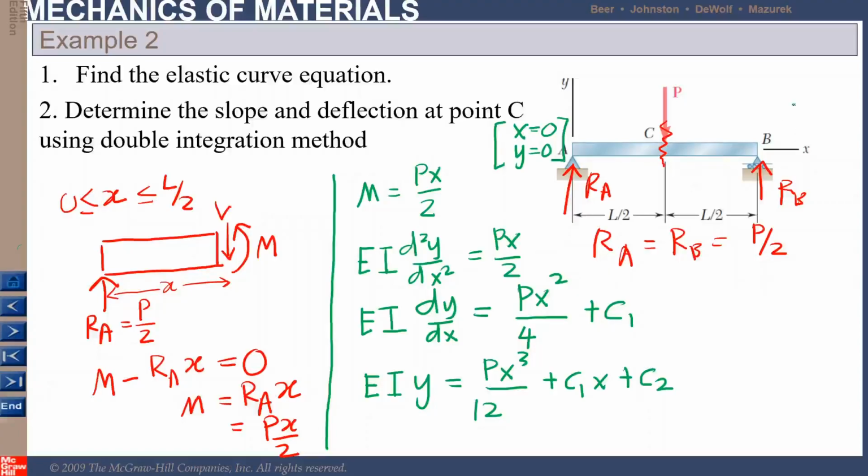The second boundary condition is x equal to L, y equal to 0. Now you have these two boundary conditions, so let's try on your own to put in their values and solve for C1 and C2. You can pause the video once again and try it on your own.